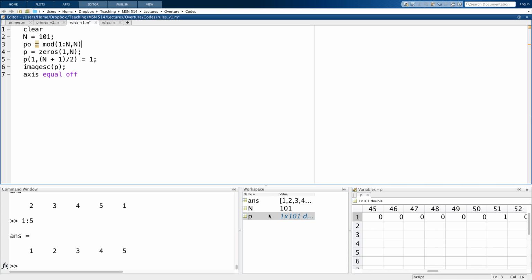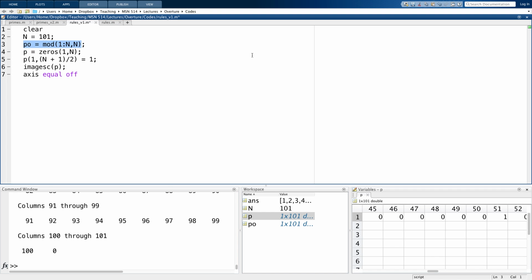This is looking at the right-hand side of the neighborhood, right? So let's run this one. You choose something and you press F7. And you can see that it goes all the way from 1 to 100 and then ends with 0, right? But if you do plus 1, then you get whatever we did for 1 to 5, right?